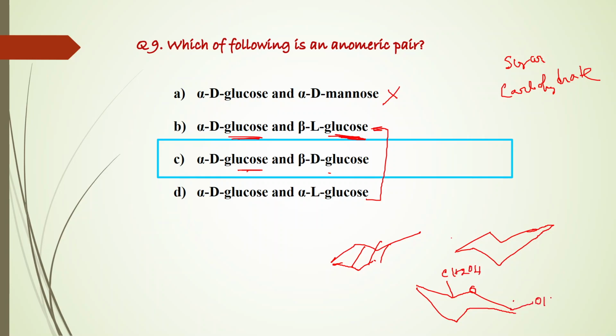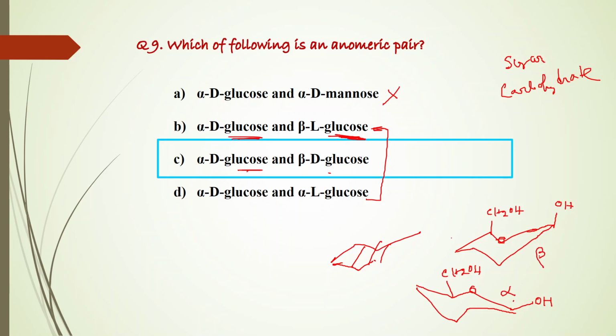There are other functional groups as well. You have your CH2OH of this here. So we can write down actually glucose in two different forms. One is alpha form and another is beta form. Now in case of these two structure, this one is your alpha form, this one is your beta form.